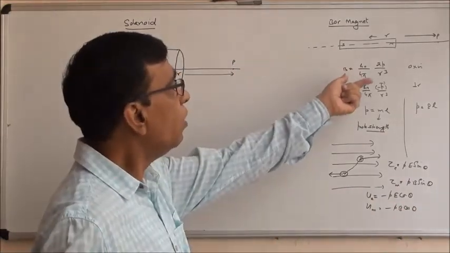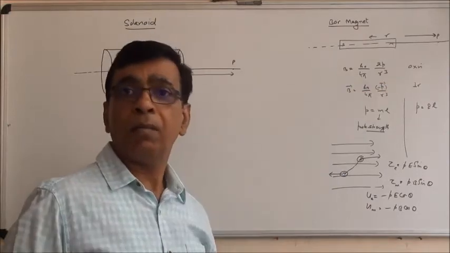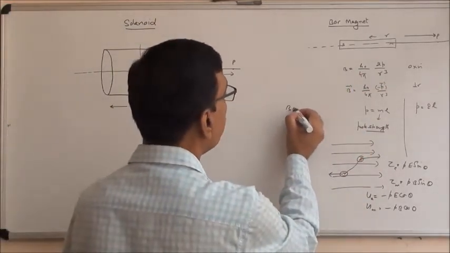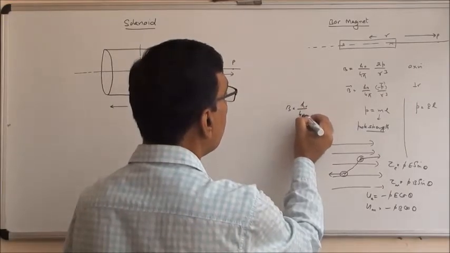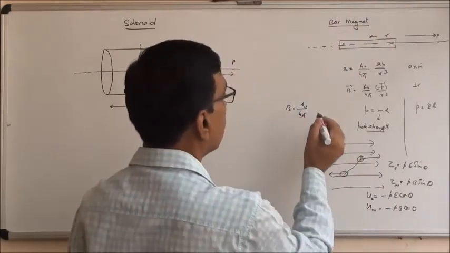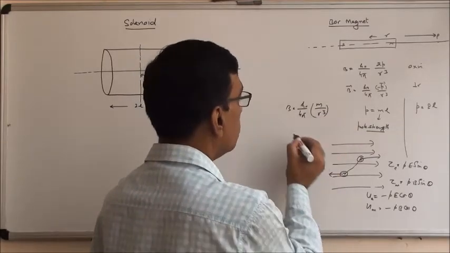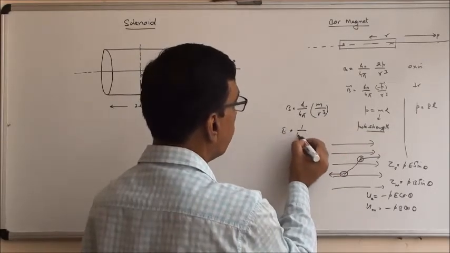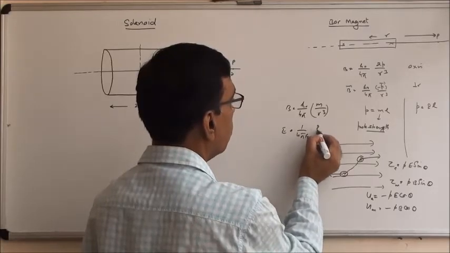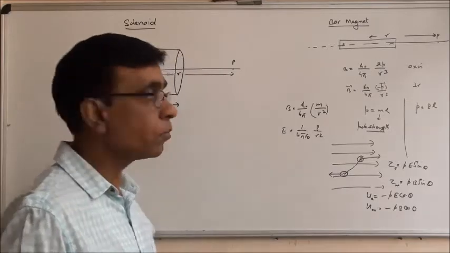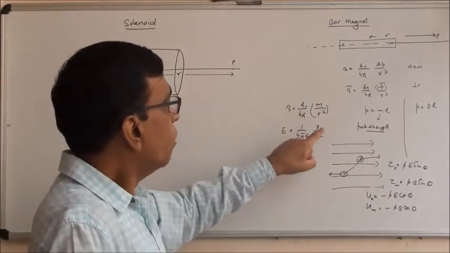The magnetic field produced by a bar magnet or by a magnetic dipole is this: the magnetic field produced by one pole. It is m by r square. So just like 1 upon 4 pi epsilon naught q upon r square, here m by r square.